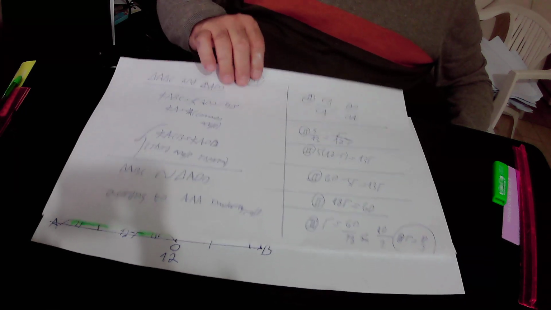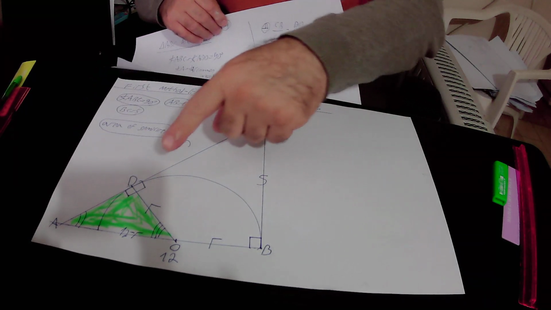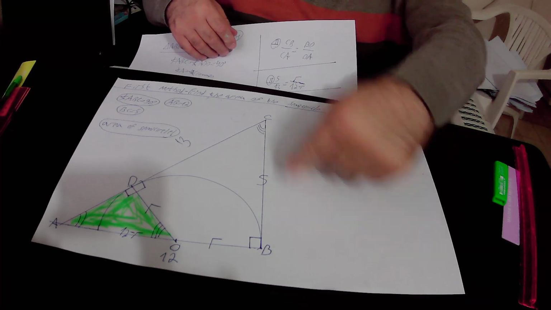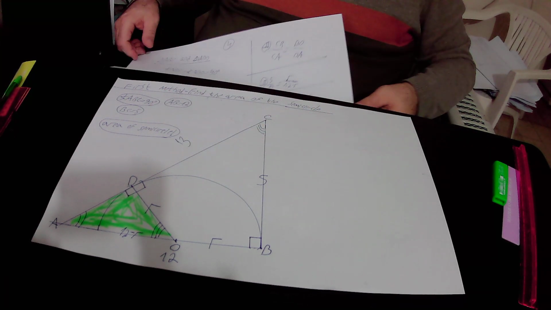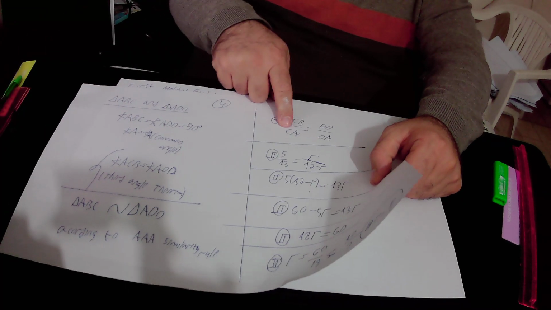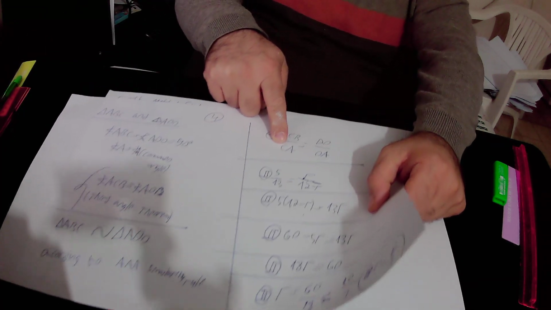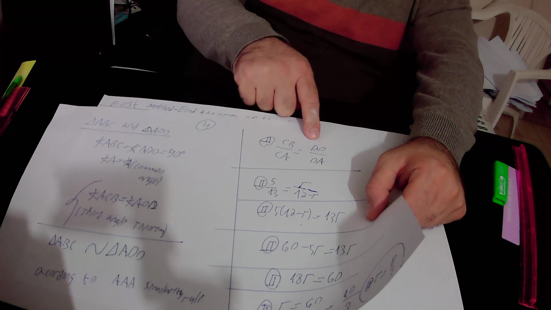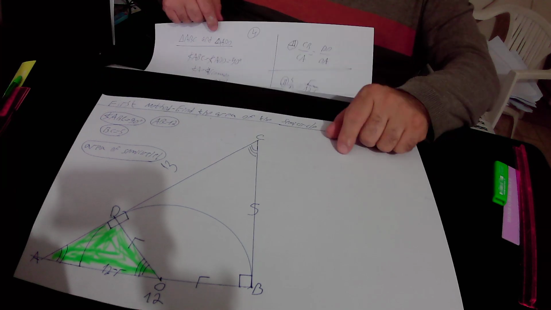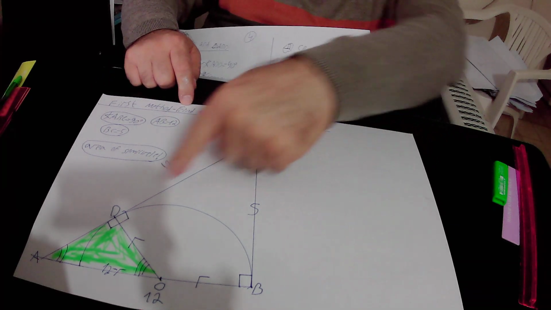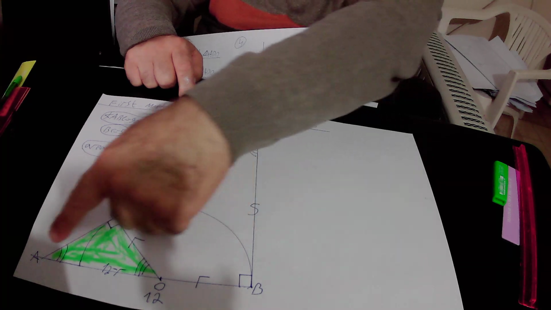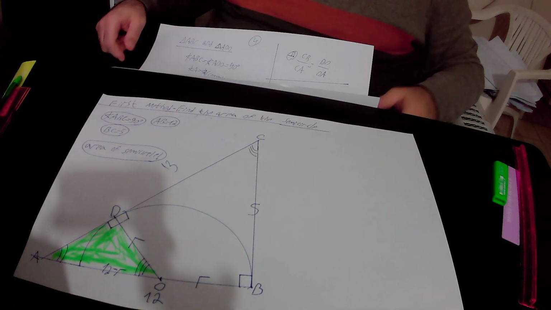And from the fact that triangle ABC is similar to the green triangle, we conclude that CB over CA in triangle ABC is equal to DO over OA in the green triangle.